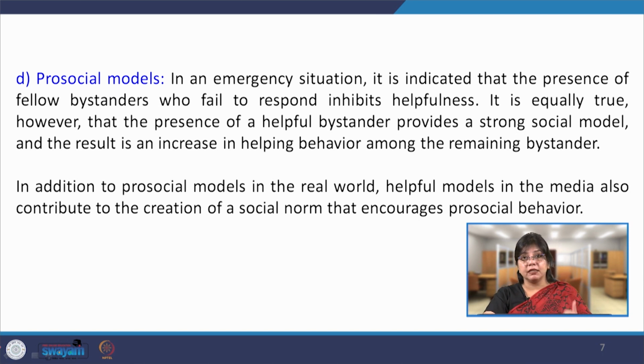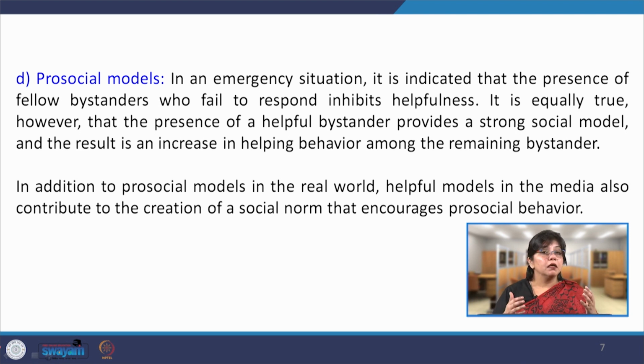But at the same time, if one bystander has extended help, the other bystanders will also be encouraged to exhibit that prosocial model. The bystander who shows some initiative to help the person in need becomes a prosocial model, a strong one, and the result is an increase in helping behavior among the remaining bystanders.